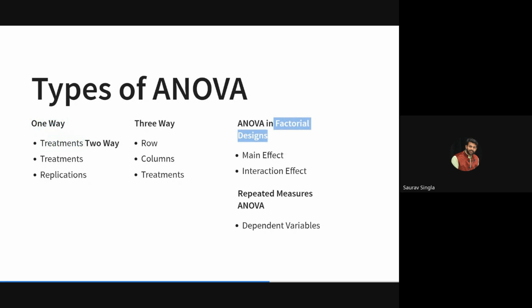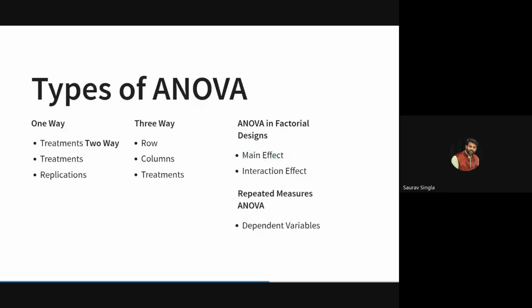experiment, and in that experiment he will be able to conclude if there is any relation between these two factors. So when he studies the effect of diet and the effect of sleep cycle individually, that is called the main effect.